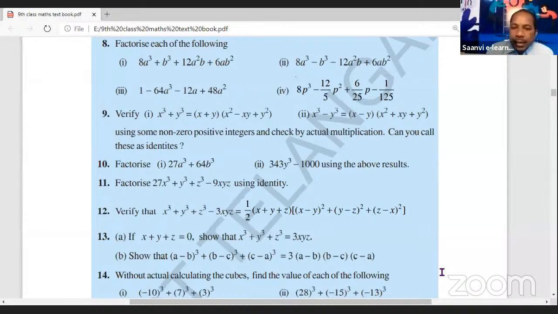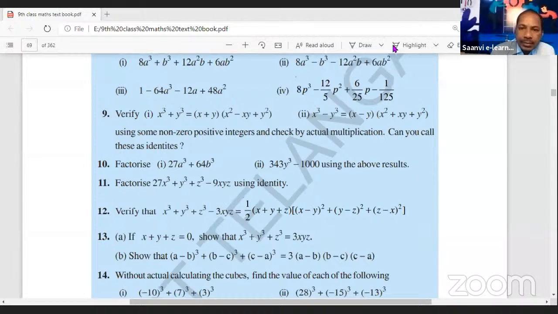So you have to apply the a cube minus b cube formula. Okay, you apply the a cube minus b cube formula, right? So here next one, see 11th bit, factorize 27x cube plus y cube plus z cube minus 9xyz using identity, he said. Okay, so let us see how to factorize it.